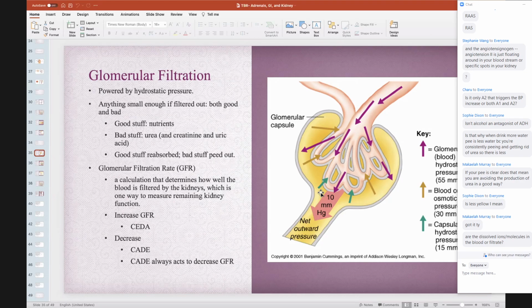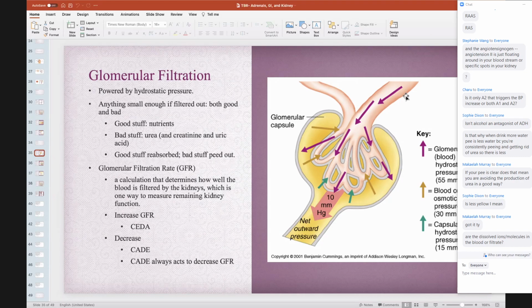If we have a very high osmolarity in the blood, we might want to increase the GFR. We might want to speed up the rate at which we shoot things out into the filtrate to filter that out. So we can increase and decrease GFR on a very acute and rapid level. The way we do that is by constricting or dilating the afferent and efferent vessels that supply the glomerulus.